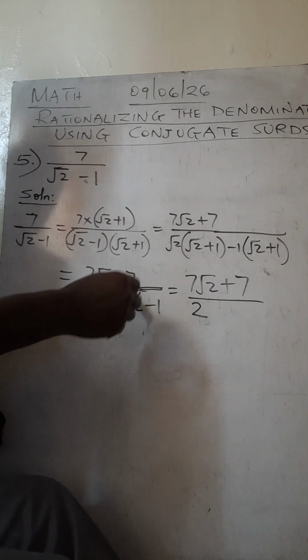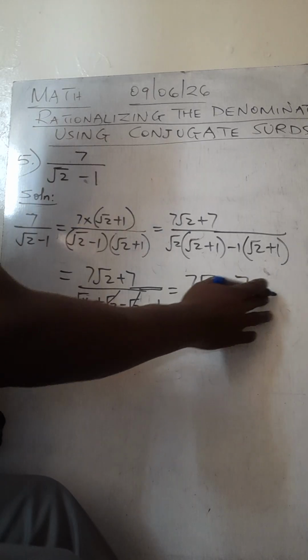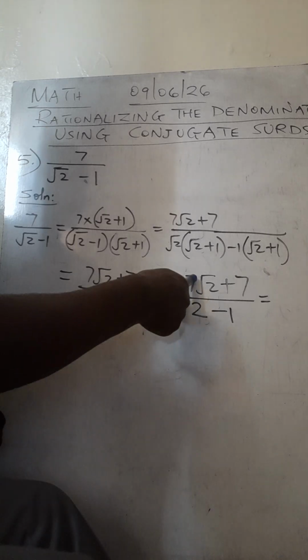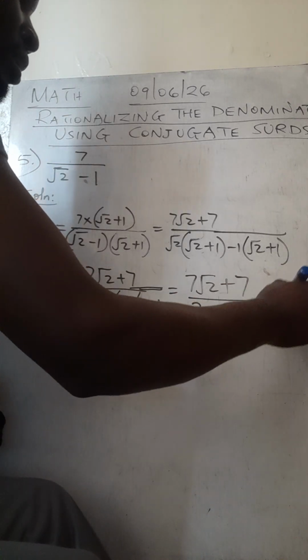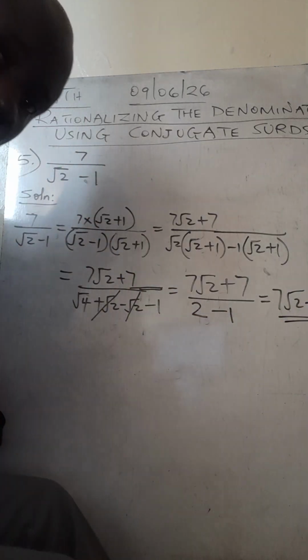This and this will eliminate each other, so you have minus 1 here. So since 2 minus 1 is 1, you just have the numerator as your final answer.